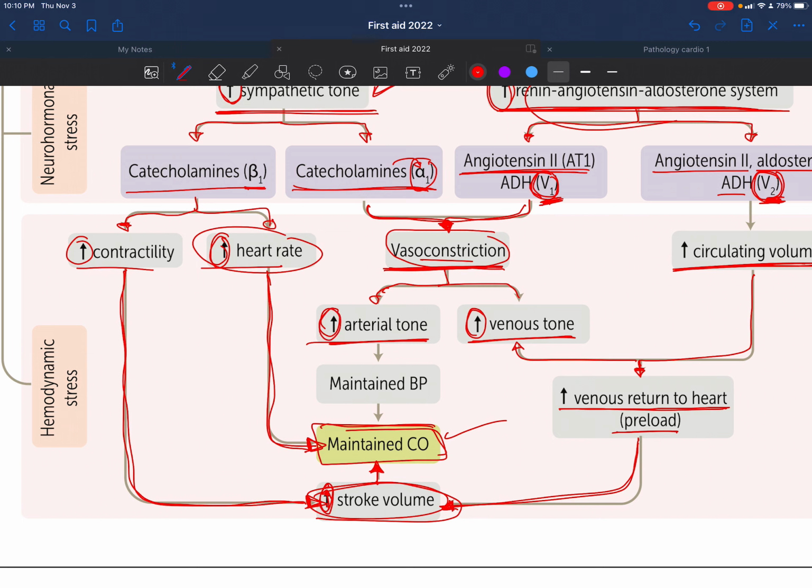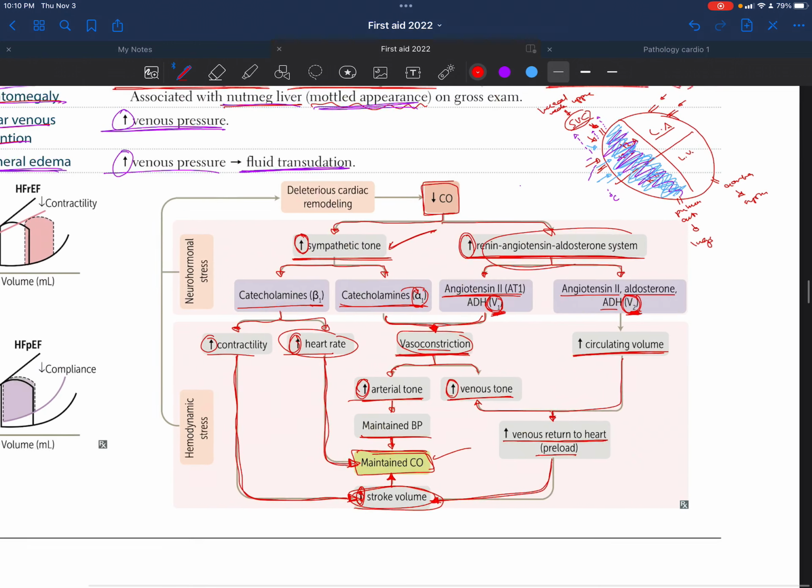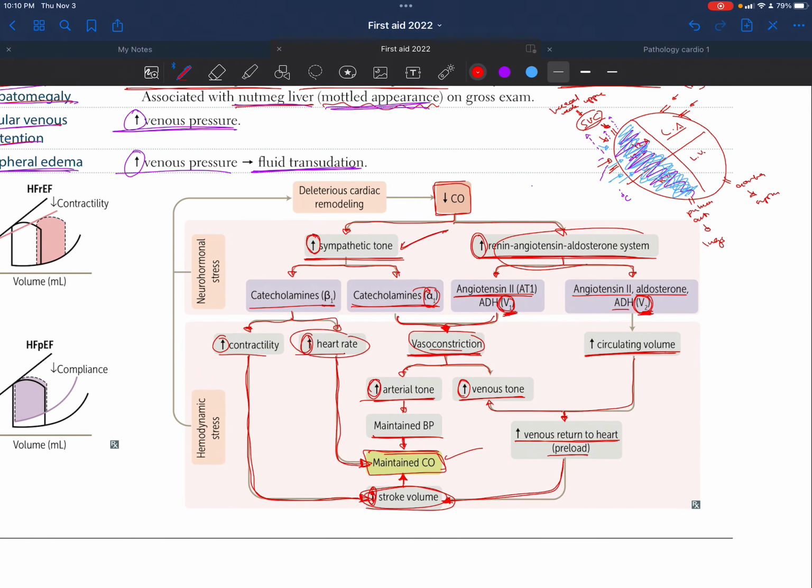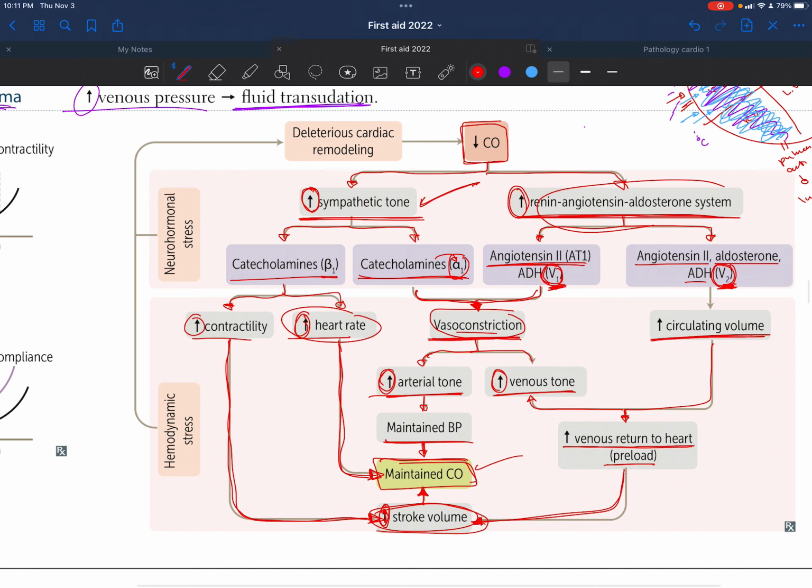Now we have maintained the blood pressure, and if we maintain the blood pressure, it means we also helped in maintaining cardiac output. And wow, that's it. Well, what is this process called? It has two parts.